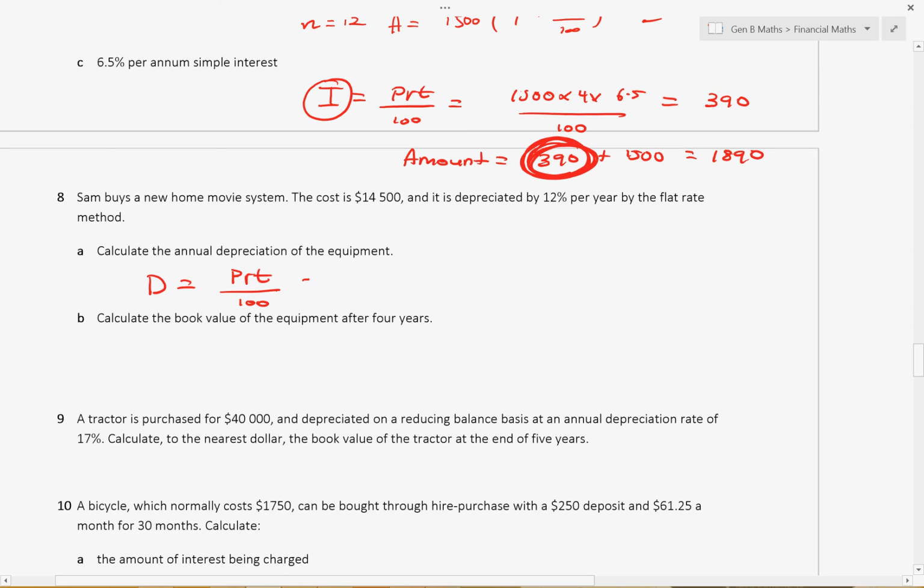So what you've got is that each year, T is equal to 1, principal is 14,500 at a rate of 12% times 1 over 100.